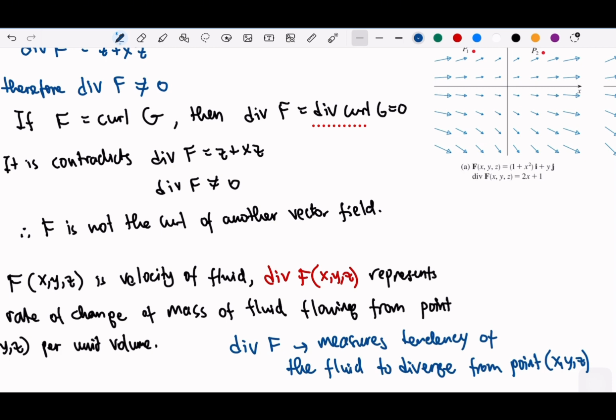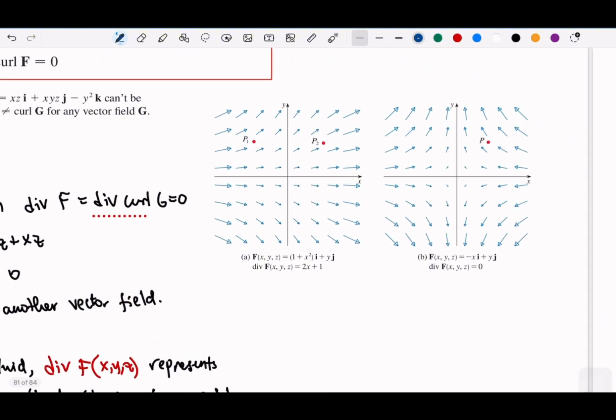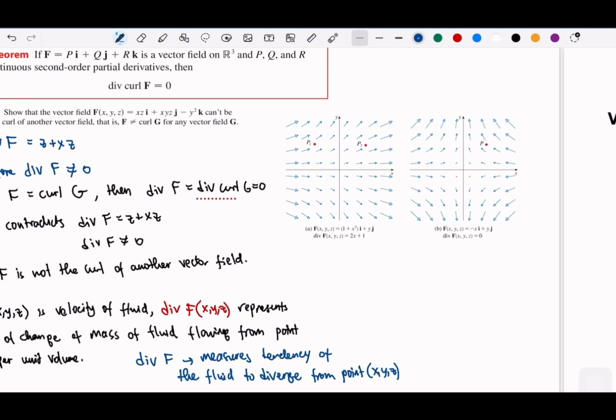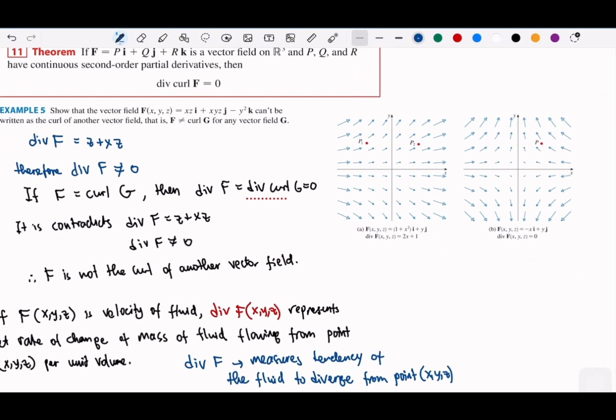Now to give you a glimpse of how this works, let's look at these two pictures. Let's focus on the left side. Here we have some value, which is 2x plus 1 for div F. What does the 2x plus 1 mean?